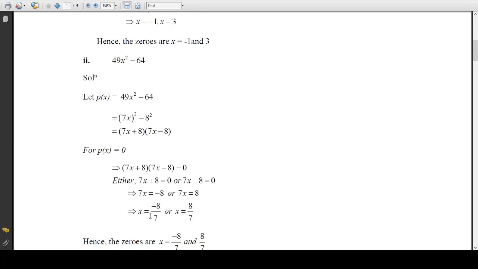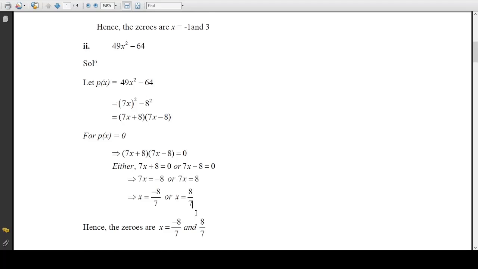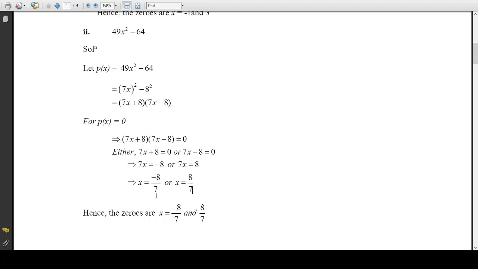Now x will be how much? Minus 8 by 7, and from here x will be 8 by 7. That means the zeros of the given polynomial are minus 8 by 7 and 8 by 7.